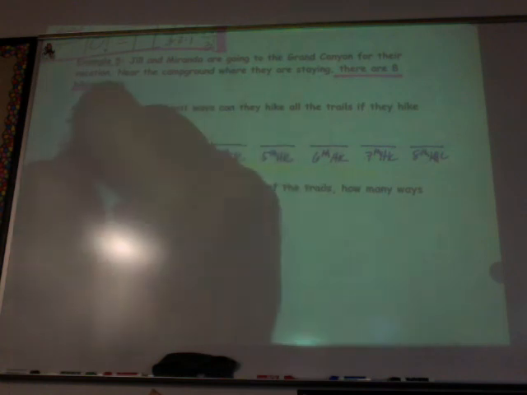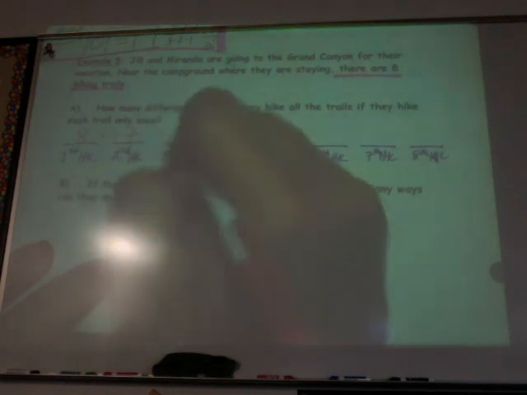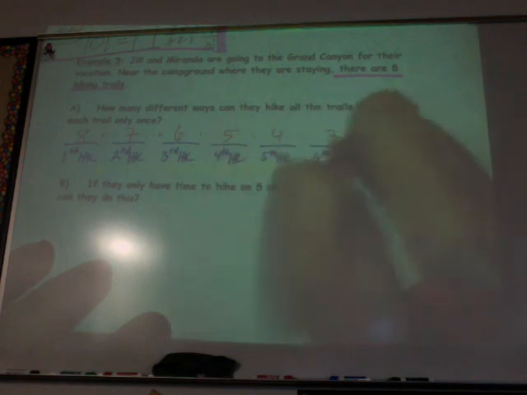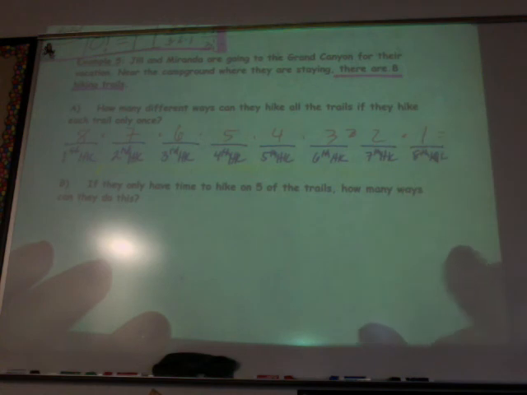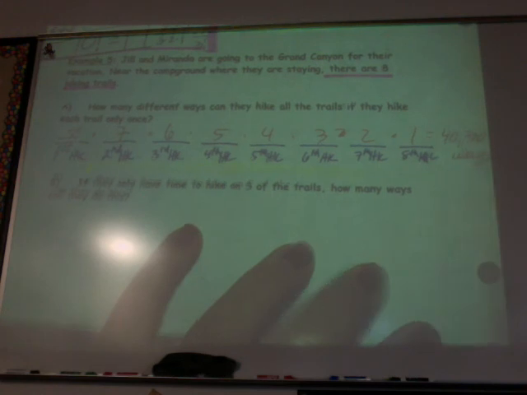There are 8 trails, so you have 8 choices. For your second hike, because you're only doing each one once, 7 choices, then 6, 5, 4, 3, 2, and 1. So that's 8 factorial again, which is 40,320 ways.